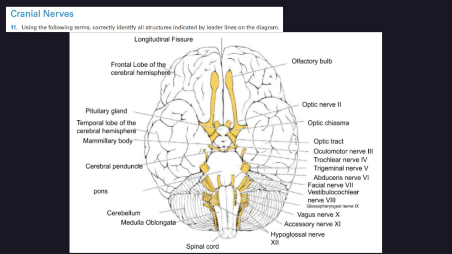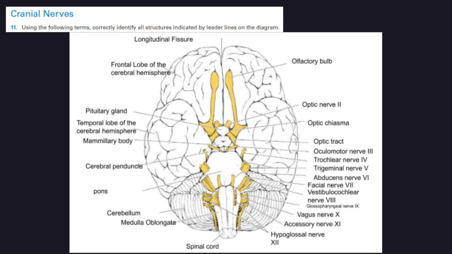The frontal lobe of the cerebral hemisphere, the pituitary gland, the temporal lobe of the cerebral hemisphere, the mammillary body, the cerebral peduncle, the pons, the cerebellum, the medulla oblongata, and the middle lower part of the brain is the spinal cord.